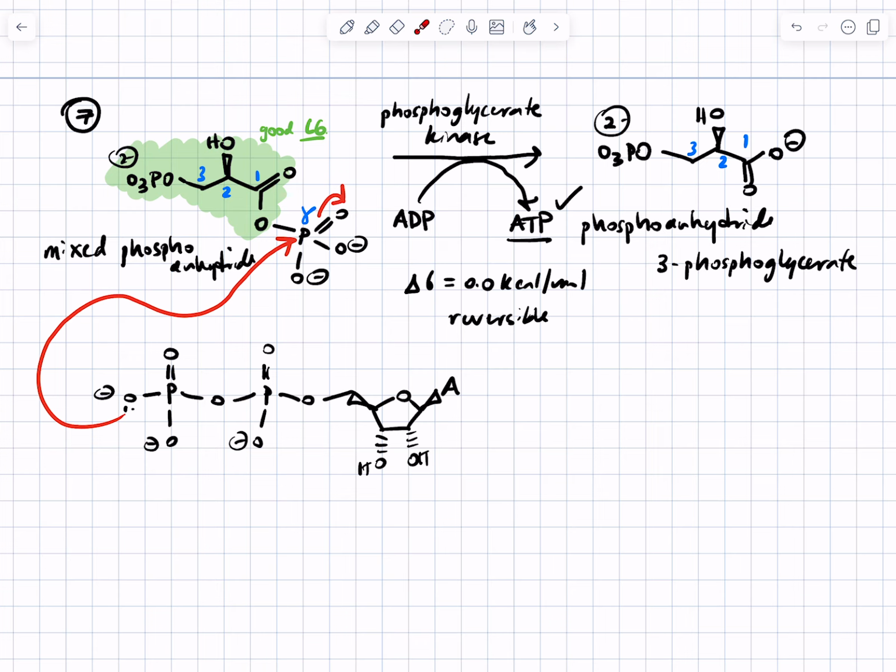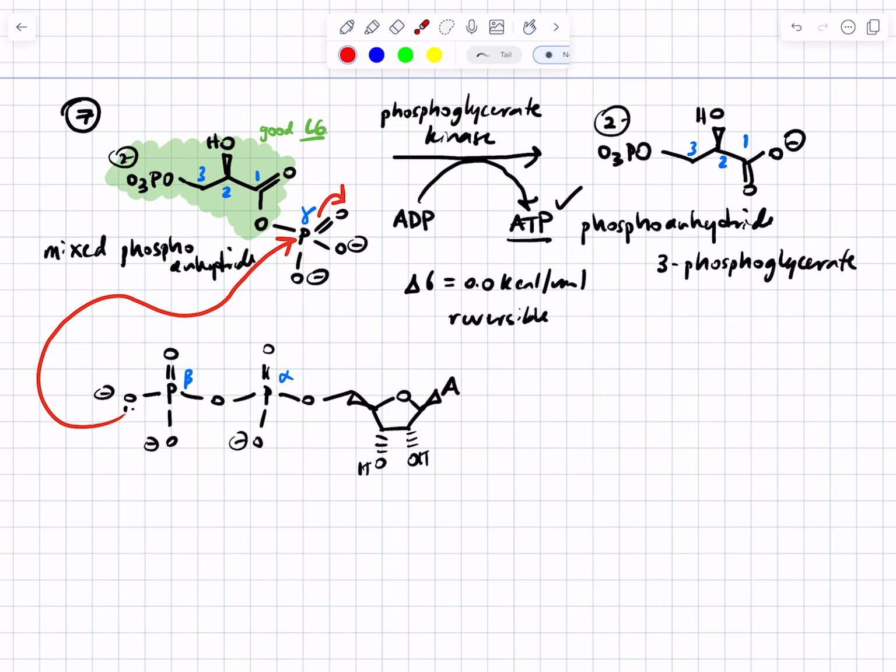Mechanism is what you would expect for kinase reactions. Here, the terminal negatively charged oxygen from the beta phosphate group of ADP acts as a nucleophile attacking the gamma phosphate in 1,3-bisphosphoglycerate. You generate a pentavalent intermediate, which then collapses to kick off the leaving group.